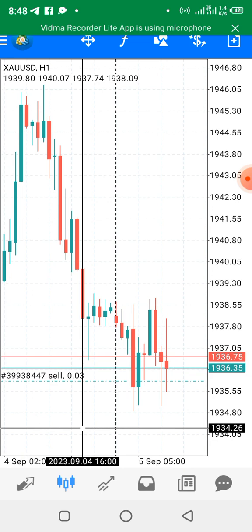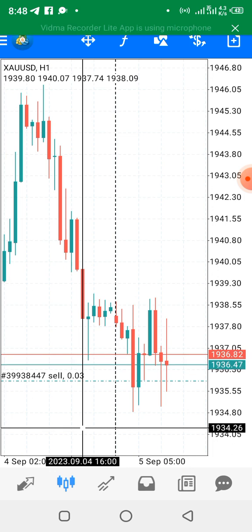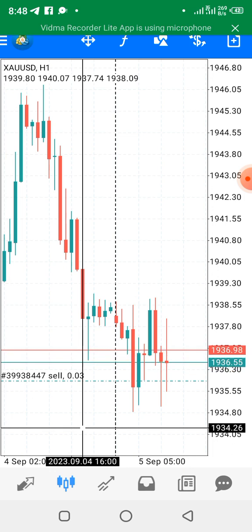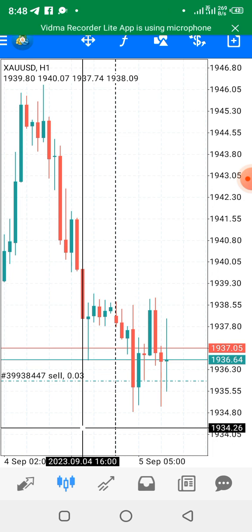So look at this dark part on your right. You can see 1934.26. So we might say, after you've done your analysis, you are hoping that as the market is falling, once it gets to this price, it will reverse and do what? And go up. Okay, good.